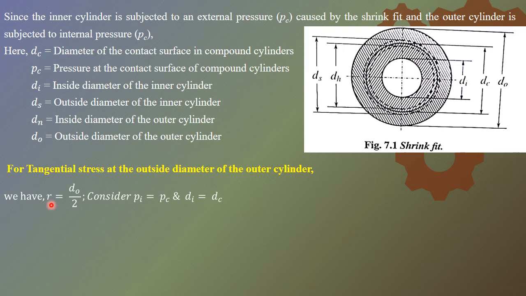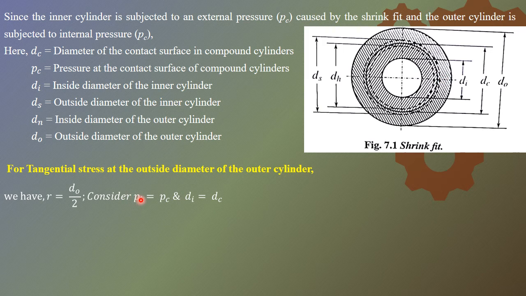So R you can substitute as d naught divided by 2, where d naught is the outside diameter of the outer cylinder. And as I already said, the pressure which is generated at this contact will be internal pressure with respect to the outer cylinder. You can understand those things.